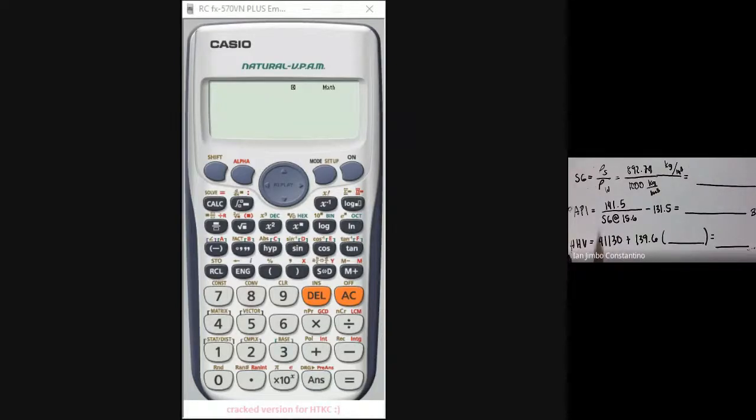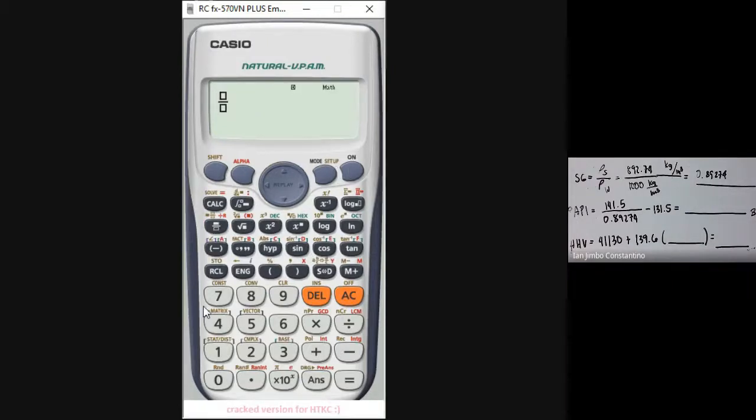So that is 892.74 divided by 1,000. Okay. And then we will store this value to letter A. That is 0.89274. Okay? And then it is already stored.